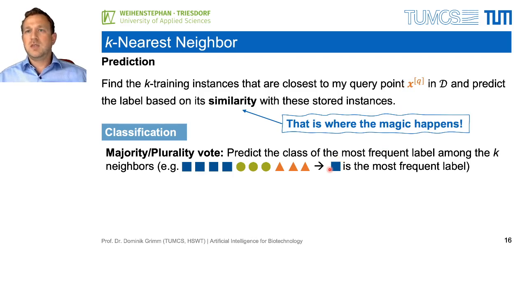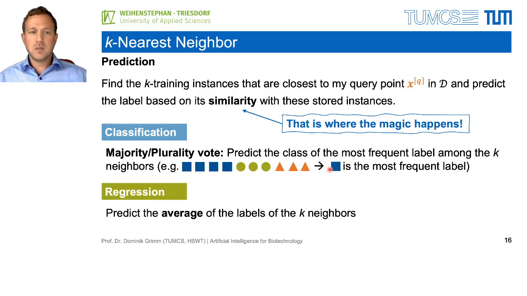That's quite easy. That's classification in this case. And regression is also quite easy. We just take these k closest neighbors, compute the average, and use the average as the prediction for the query point.